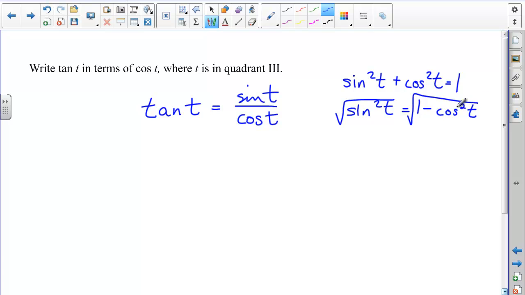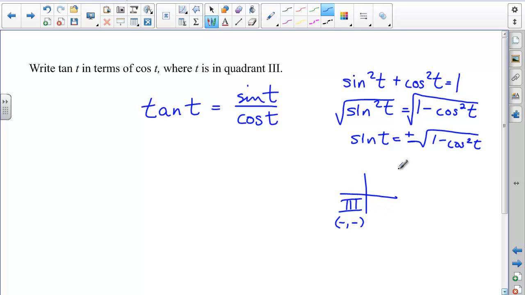If I square root that, I get the sine of t equals plus or minus the square root of 1 minus cosine squared t. Now, in quadrant 3, is the sign positive or negative? Quadrant 3 is here. Sine is my y value, and I'm negative x and negative y, so that means it's negative. So really, the sine of t for this t value is going to be negative square root of 1 minus the cosine squared of t.